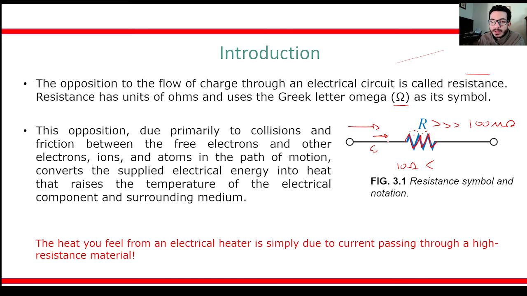So the flow of electrons will be impeded because they have to go through this other material that is not as conductive. Also, when you have resistors in your circuit, since the flow is not able to flow freely, the temperature is going to increase.